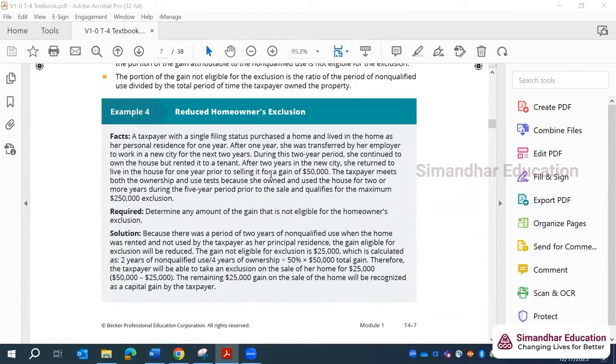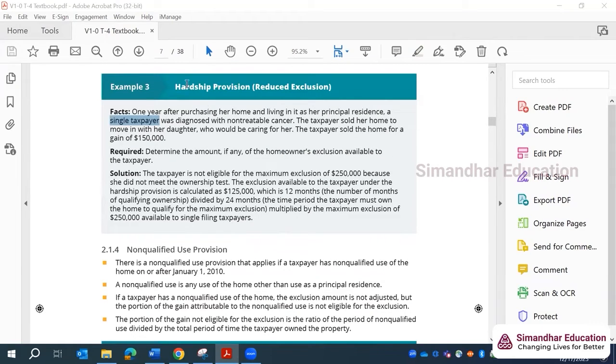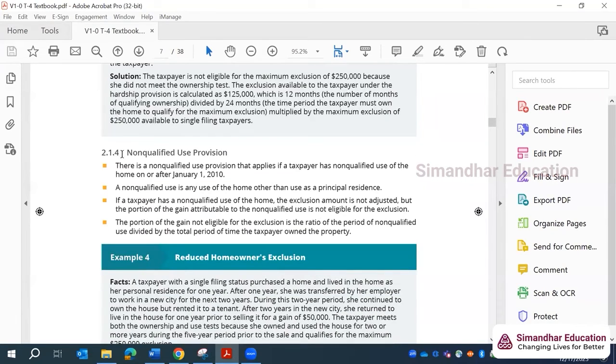So what is the major difference between the non-qualified use provision and the hardship provision? Under the hardship provision, you were prorating the exclusion amount. Under the non-qualified use provision, you are prorating the gain amount. Please do not confuse yourself because the answer will go wrong.